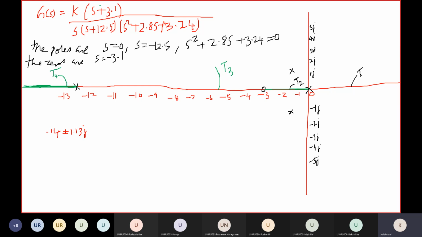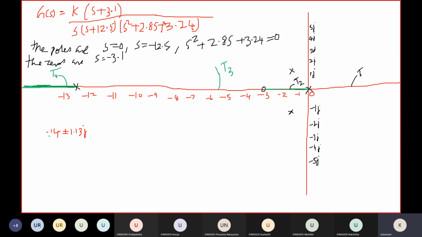Out of 4 root locus branches, one starts from a pole and meets at the zero at s equal to minus 3.1. The remaining 3 root locus branches start from poles, follow the path of asymptotes, and meet at zeros at infinity.